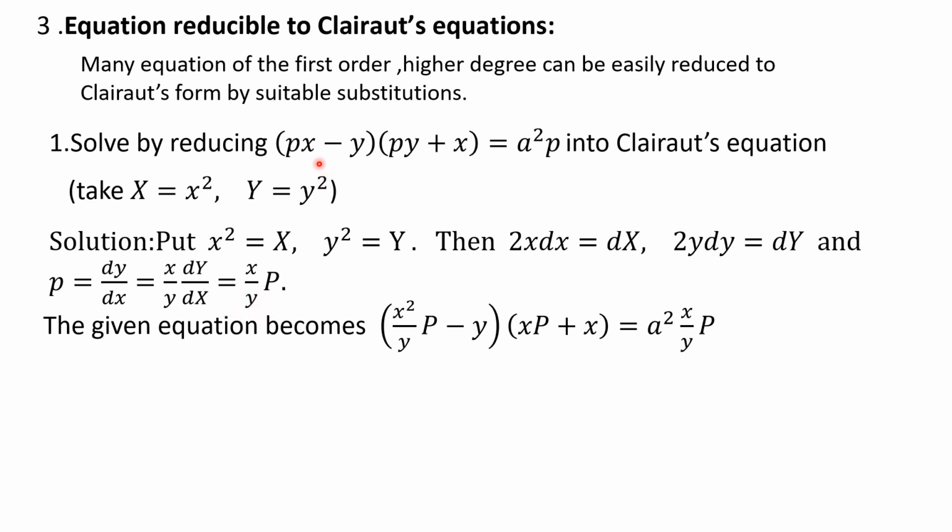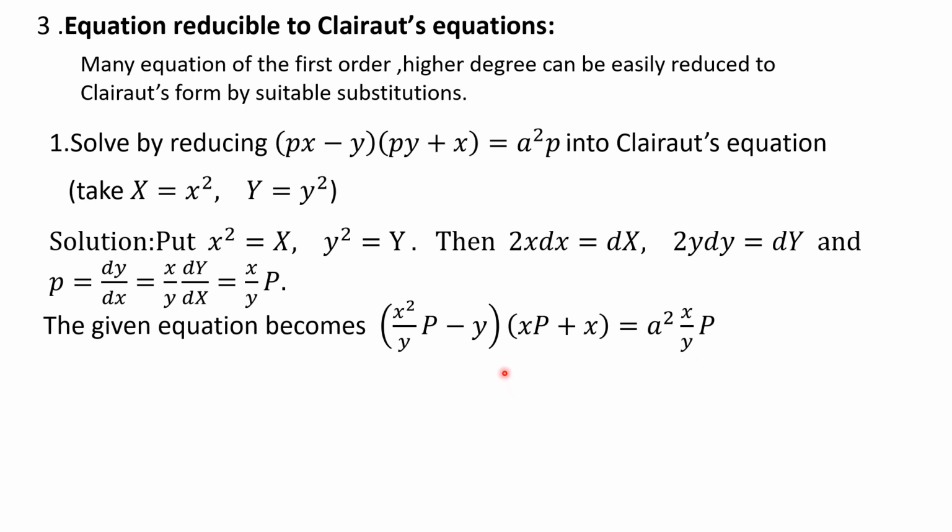So that means x square by y into p minus y. I don't substitute y as square root of y, so I keep it as it is. So straight away I can substitute for p now, that is x by y into p into y. So y gets cancelled, that gives xp plus x is equal to a square into x by y p, correct?